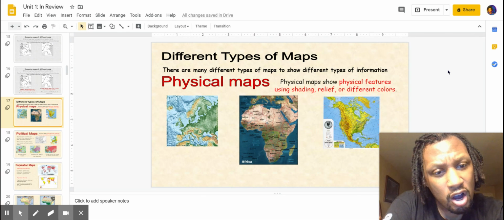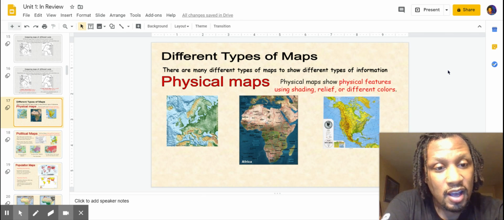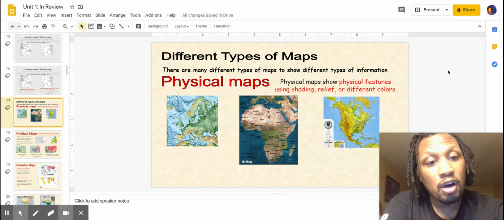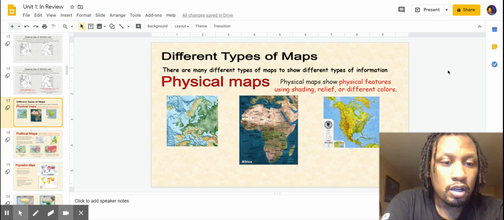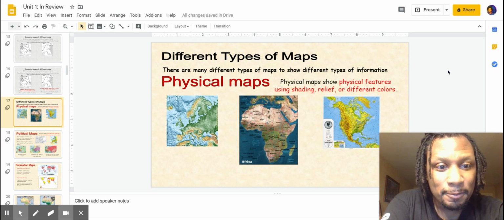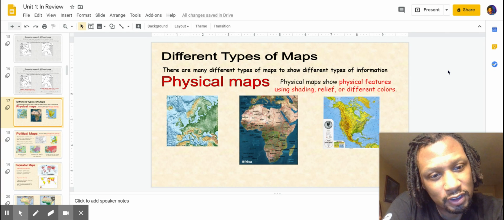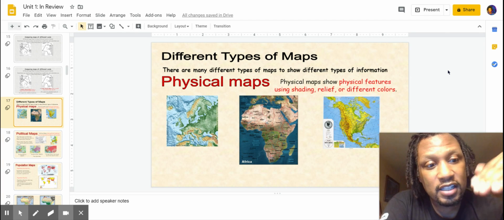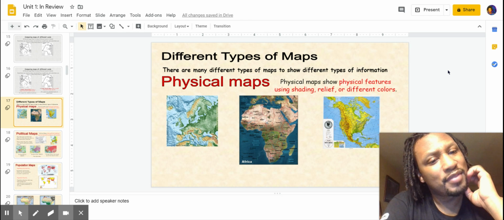And I see islands, oceans, a gulf, a bay. I see lakes. I see highlands, which are hills.